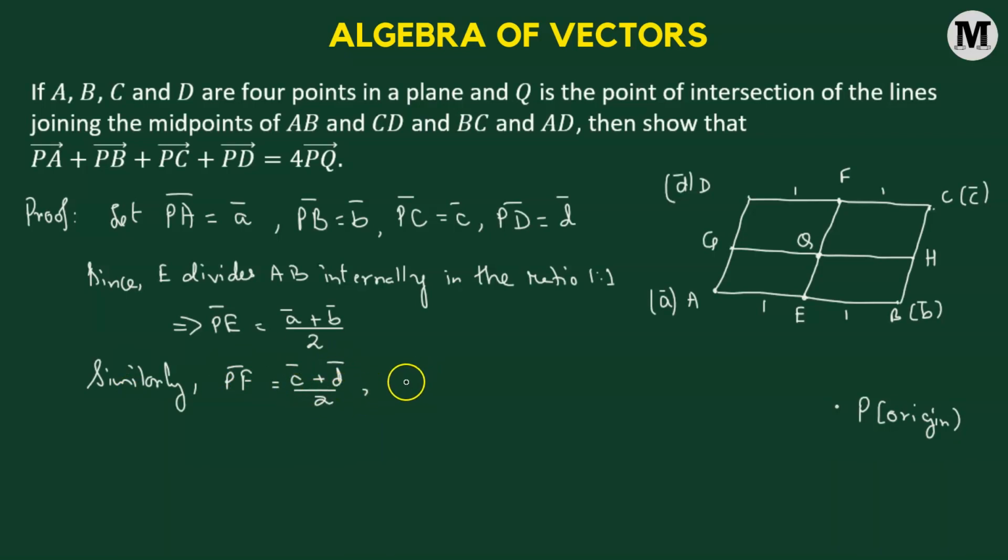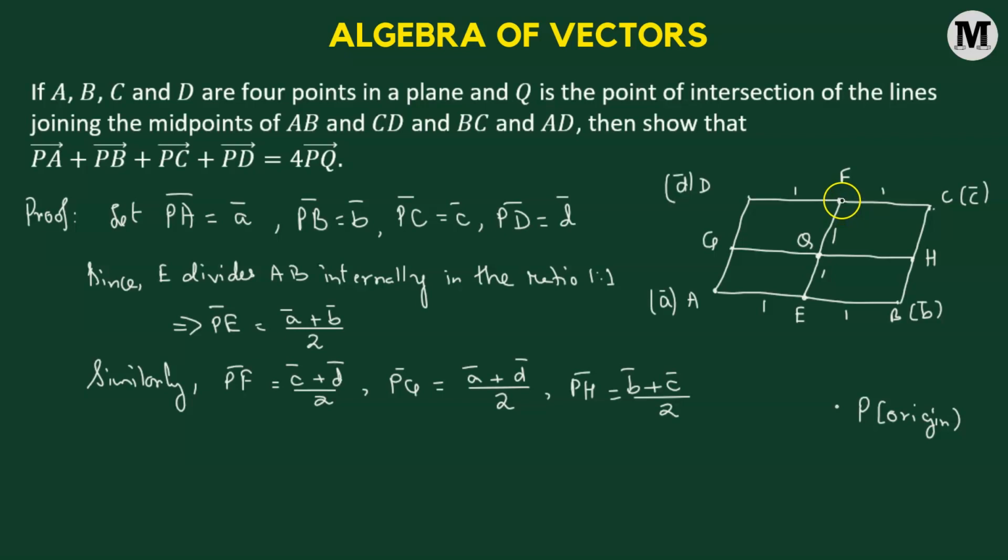We can also define the position vector of the point G. So PG vector will be A vector plus D vector divided by 2. And then the position vector of H, PH vector, is given by B vector plus C vector whole divided by 2.